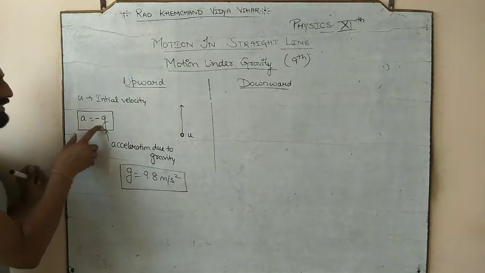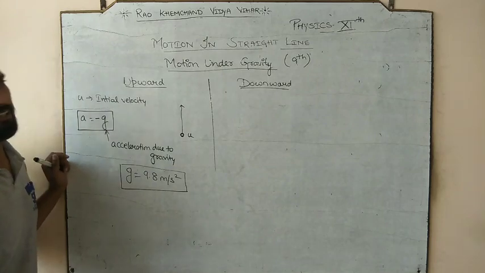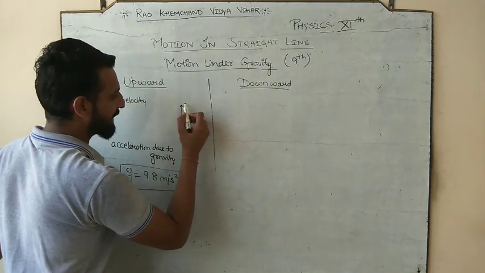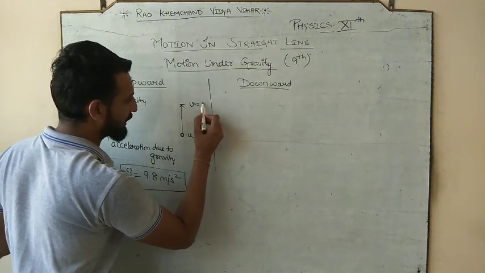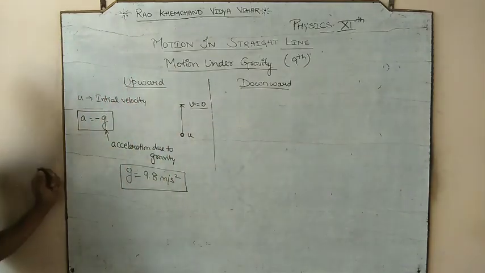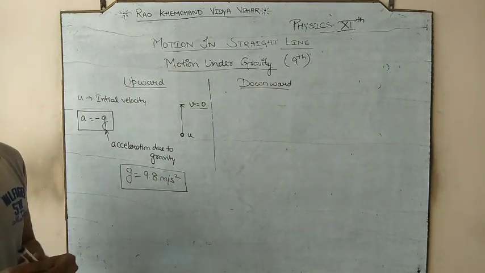So here the acceleration would be taken as negative g, and what would be the final velocity at the highest point? At the highest point the final velocity would be 0.